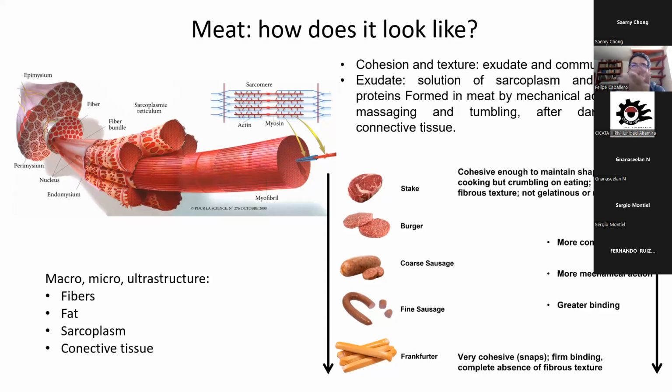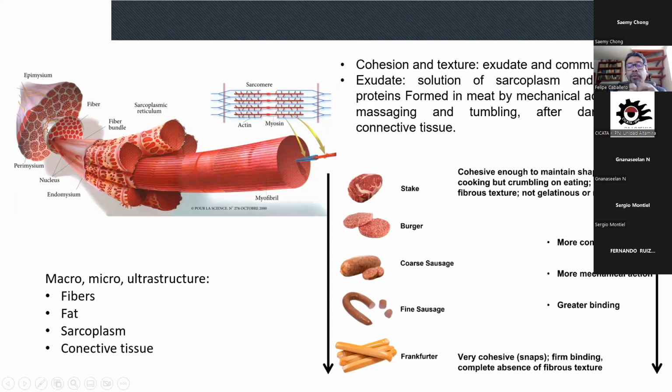For example, if you cut the meat and put it in the blender, or in the mill when you have minced meat, some exudate is obtained. You have seen it; it's not blood. It's something called exudate that is formed from sarcoplasm and proteins, and it comes from the meat when you damage the connective tissue.